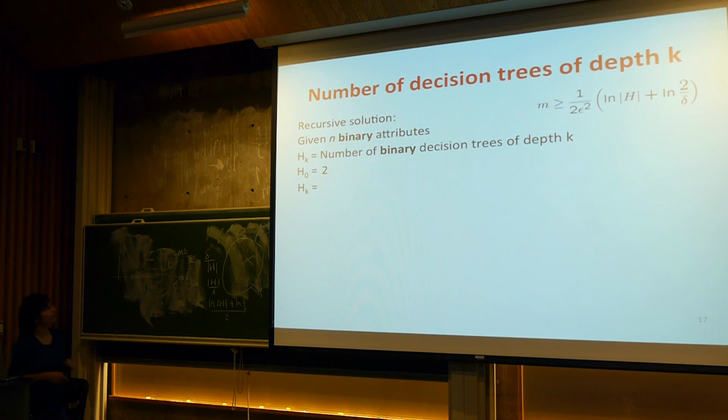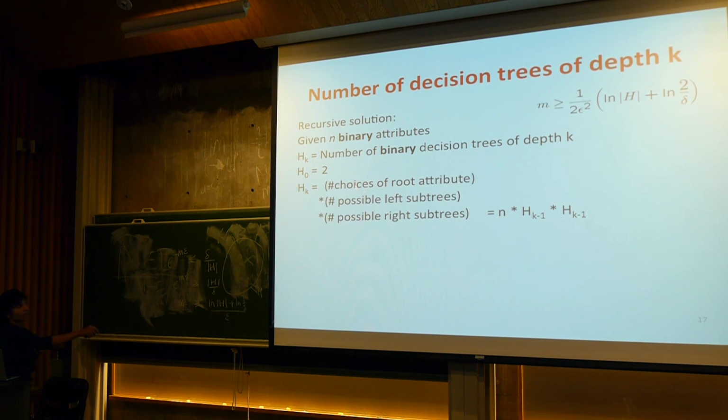And whenever you pick one, you have the number of choices of the root attribute, times the number of possible left subtrees, times the number of possible right subtrees. So you can write H_k as n times H_{k-1} times H_{k-1}, which is the number of decision trees of a certain depth.